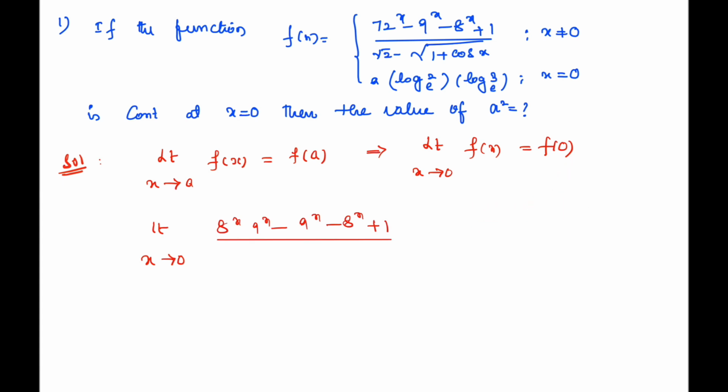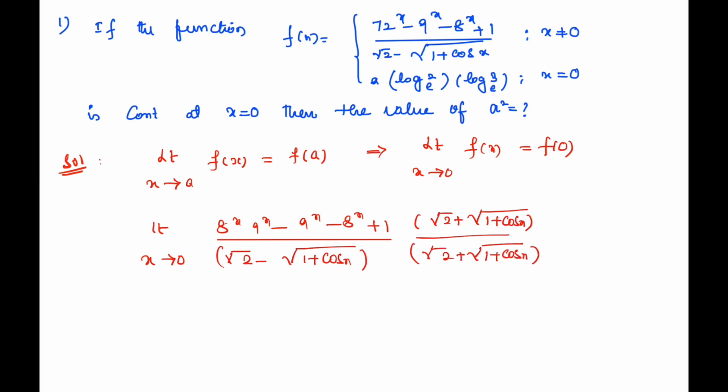This denominator root 2 minus root of 1 plus cos x, we write its rationalizing factor: instead of minus we write plus, and multiply and divide with root 2 plus root of 1 plus cos x.